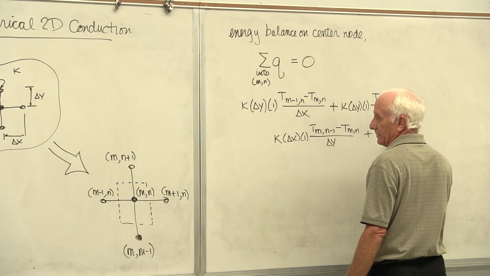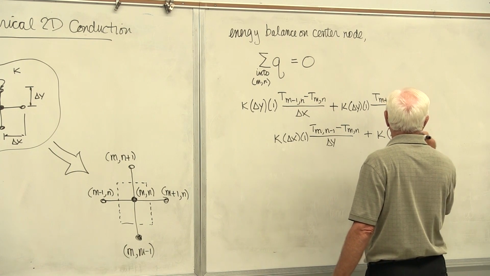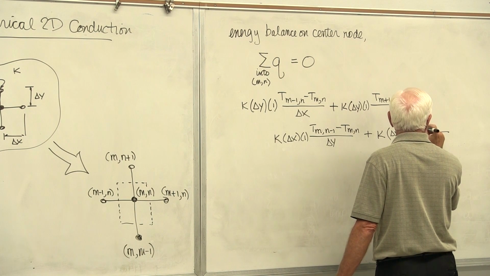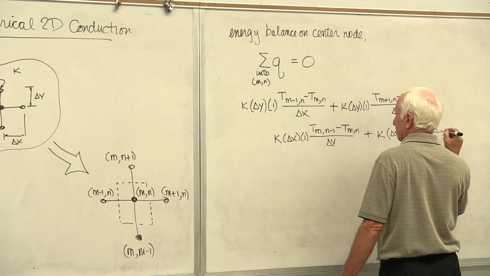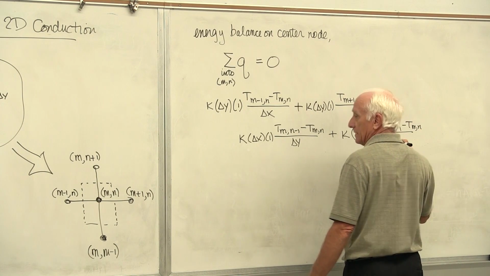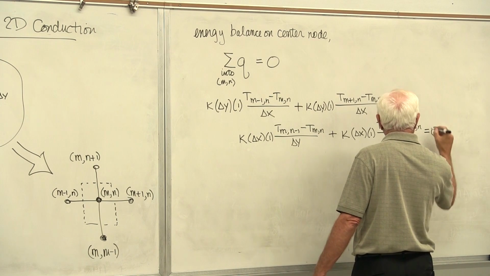Area is delta x times 1. Temperature T(m, n plus 1) minus T(m,n) divided by the distance I traveled, delta y, equals 0.